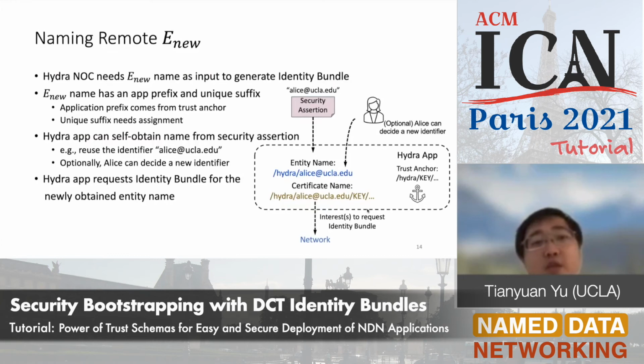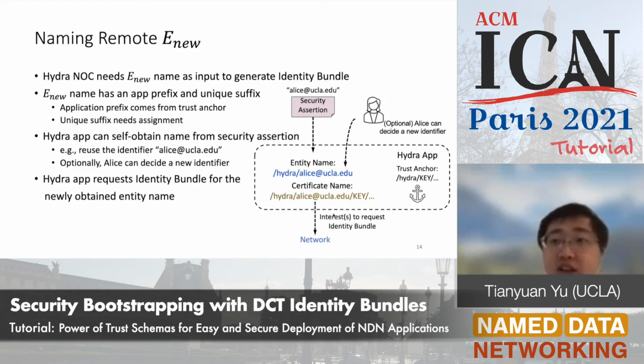This Enew name will have an application prefix, which will come from the trust anchor, and a unique suffix which does need assignment. So the Hydra app, while starting, can self-obtain a name from the security assertion by using the trust anchor prefix Hydra as the application prefix, then appending the identifier Alice at ucla.edu to generate a name.